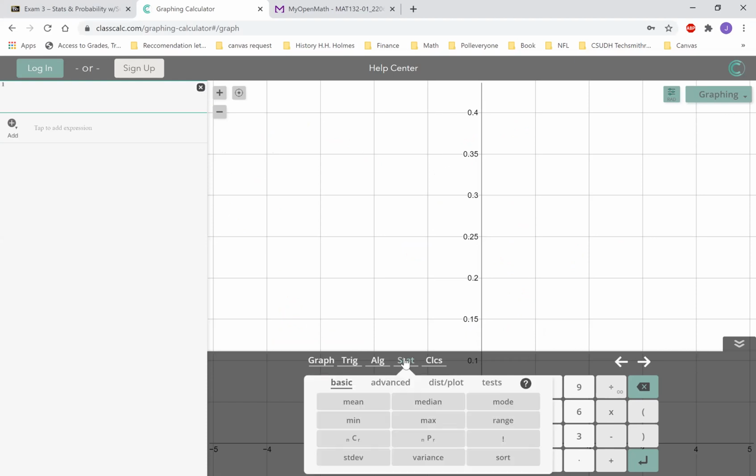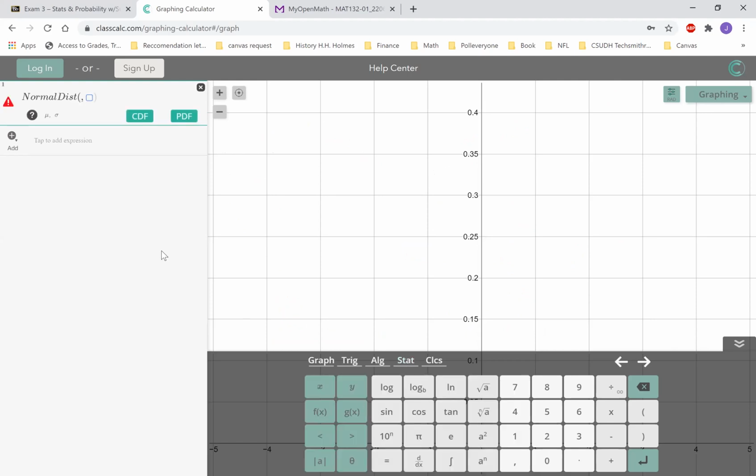So we'll go to stats, we'll go to distribution, we'll go to normal distribution. So you go mean is 509, standard deviation is 112. You hit the CDF option. The lower bound is 590. If you look at my upper bound, it's already there. Oops, entered the wrong one, 509.